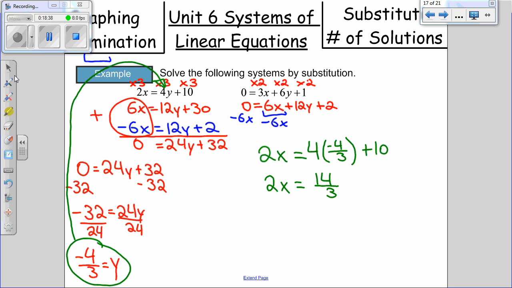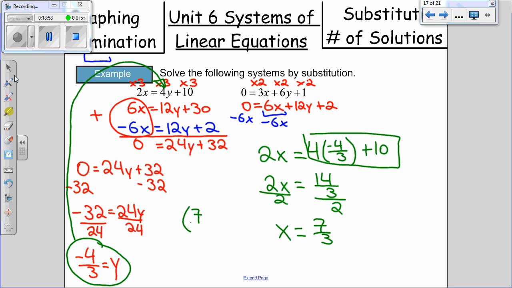Then I divide both sides by 2. Again, I put that in my calculator and I math frac it, and I get x equals 7 over 3. Meaning that my solution is 7 over 3, comma, negative 4 over 3. And that is elimination.